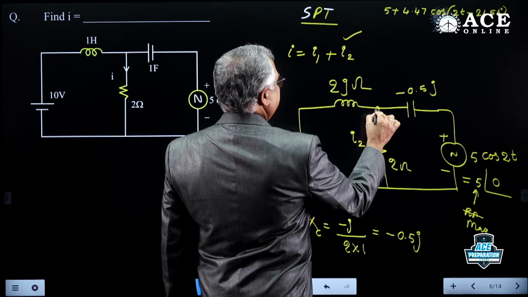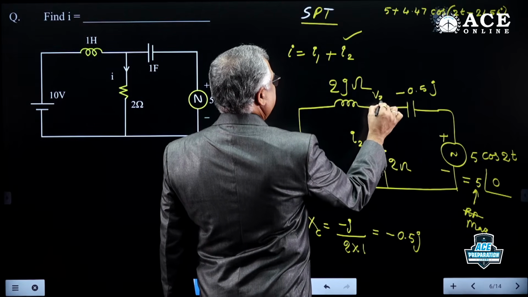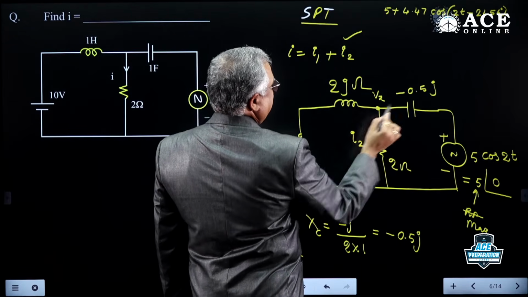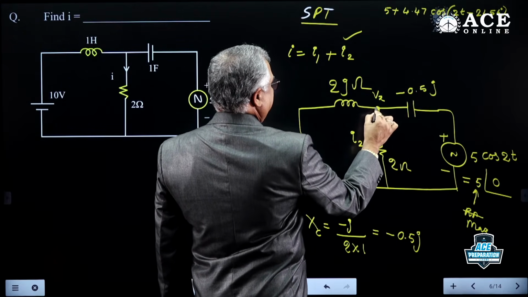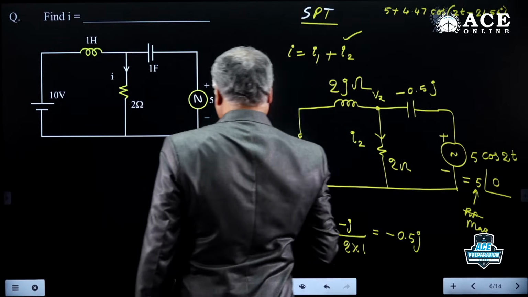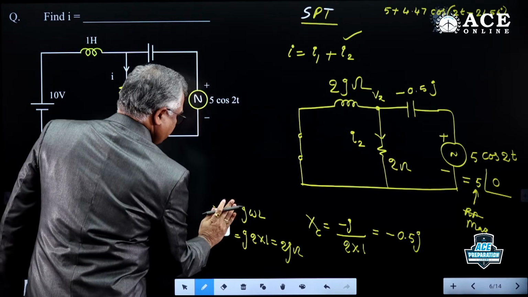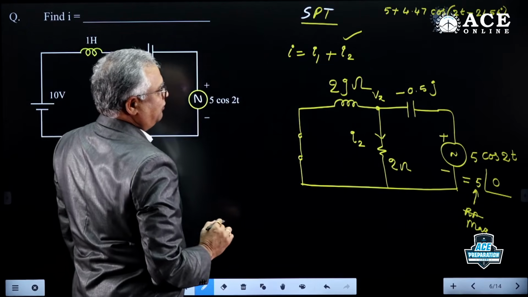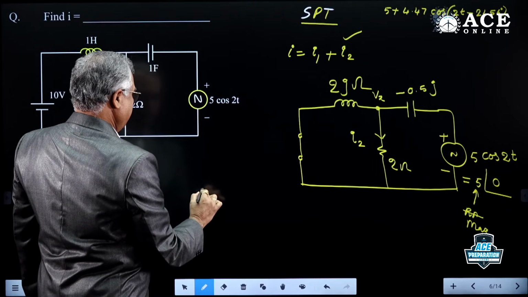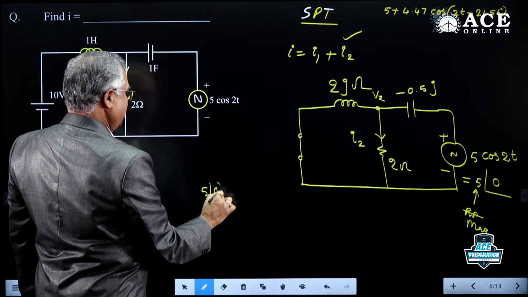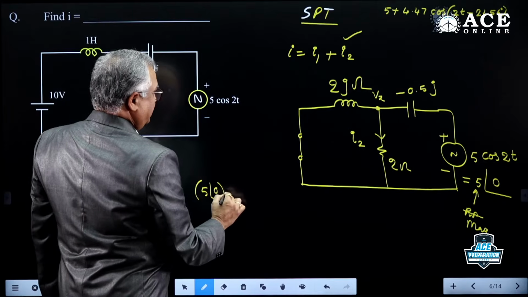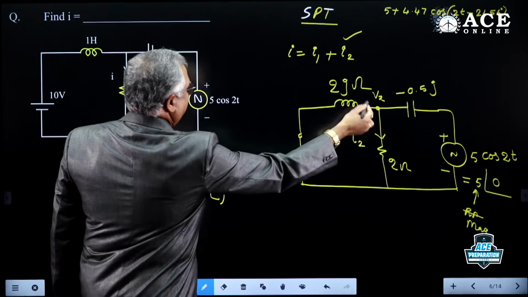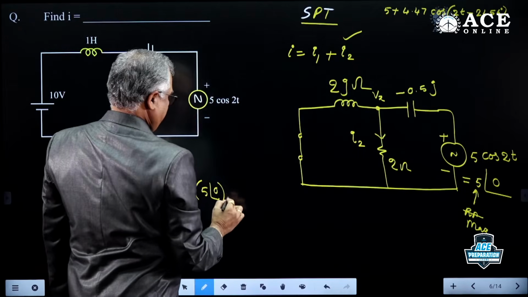So find this voltage first. This voltage is some Vx. And how are these two connected? They are in parallel, and these two in parallel are in series with this. To find this voltage, the powerful step is: 5 angle 0 is the source. These two are parallel, and that is in series, so we are finding the voltage across this equivalent.